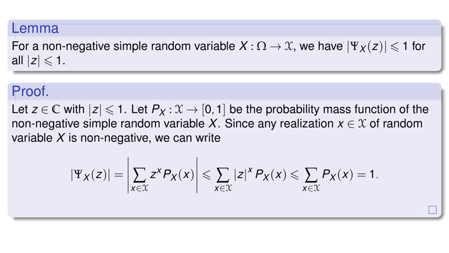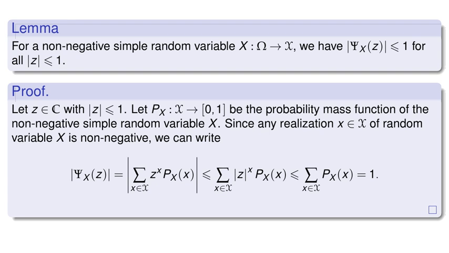By the triangle inequality, this is less than or equal to the sum over x in script X of the magnitude of z^x times p_X(x), which equals the sum over x in script X of |z|^x times p_X(x). Since |z| is less than or equal to 1 and x is non-negative, |z|^x is less than or equal to 1.